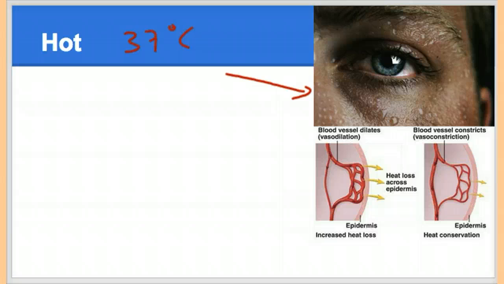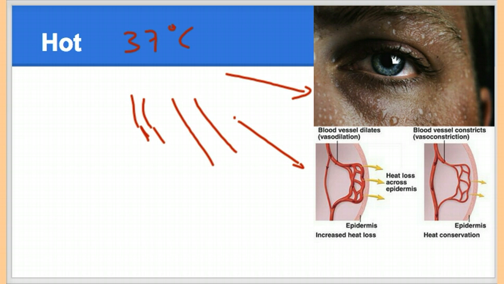Another thing that happens is with your blood vessels, and here's a diagram of a blood vessel. When there's an increase of temperature, your body needs to get rid of that heat. So if this is the normal size of your blood vessel, it will tend to expand. And by expanding, there is more heat loss through your body. This type of heat loss, where your blood vessel dilates or expands, is called vasodilation.